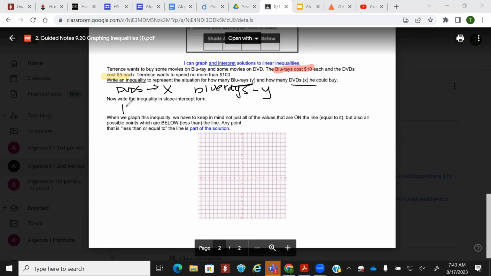So we're going to say 10 times y. And then how much was each DVD? 5. So we're going to say plus 5x. And how much money did we want to spend? No more than 100. So less than 100, right? So we're going to say less than or equal to, because we can spend up to $100.